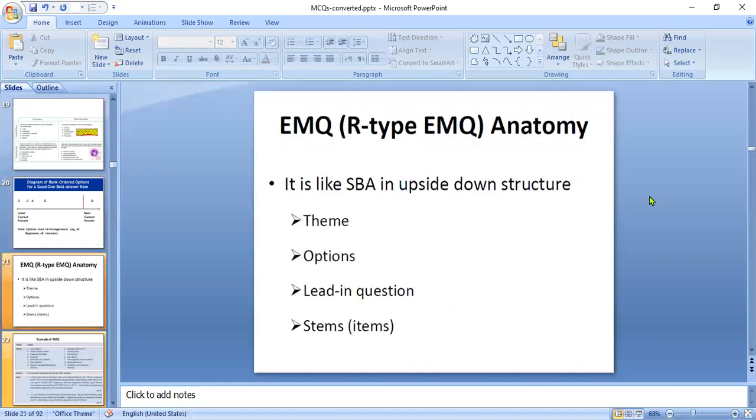This is another type of MCQ, known as the EMQ, which we have discussed previously, the extended matching question. The EMQ is also known as the R-type, and the single best answer question is known as the A-type.